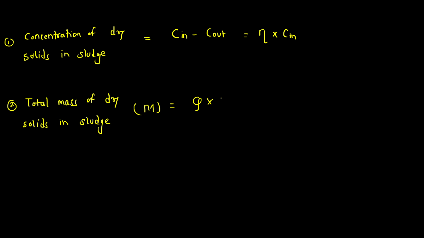What is the concentration of solids in sludge? The above one, that is efficiency into C in. You can also write it as discharge into C in minus C out. Both things are the same here. This Q you have to substitute in MLD.